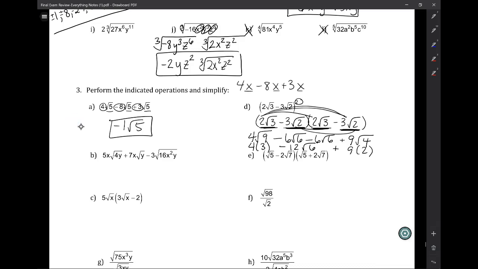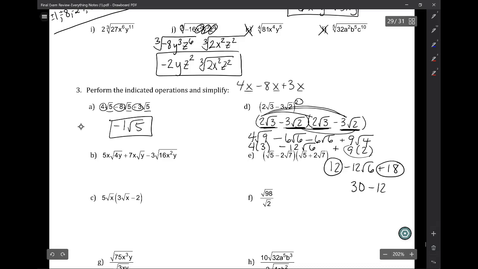So let me bleed into this next question. 4 times 3 is 12 minus 12 radical 6, and then 9 times 2 is plus 18, and you can only put like terms together, so 30 minus 12 radical 6. Done, done, done. Don't put those together. Do not do 30 minus 12. They are not like things.